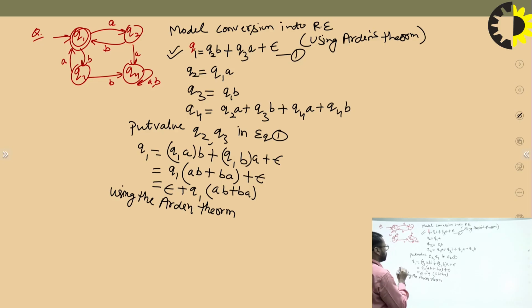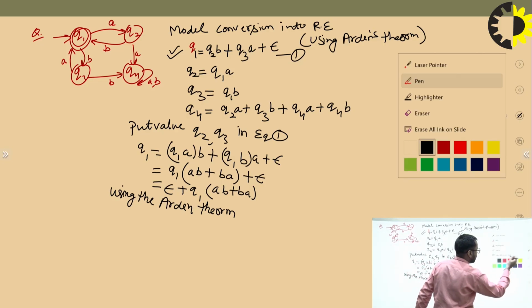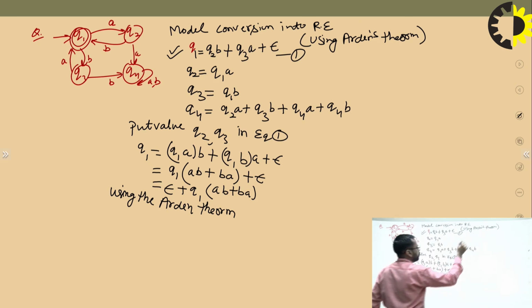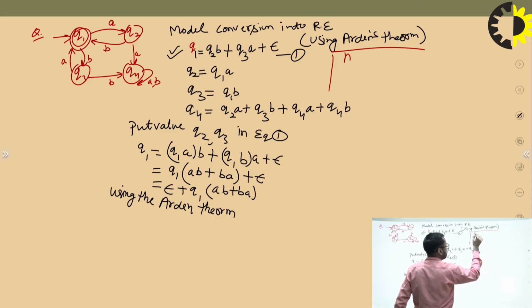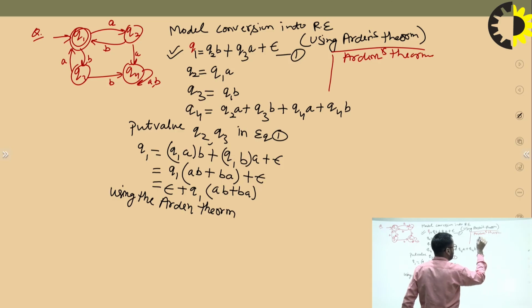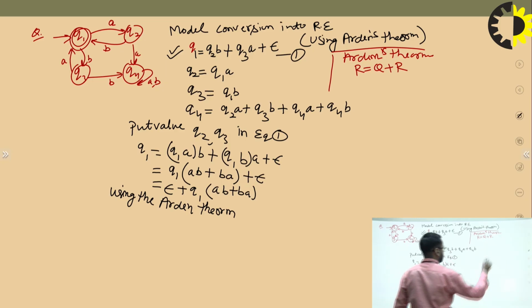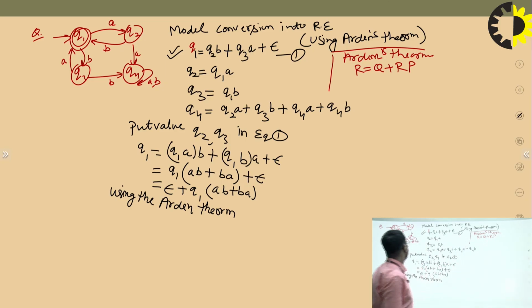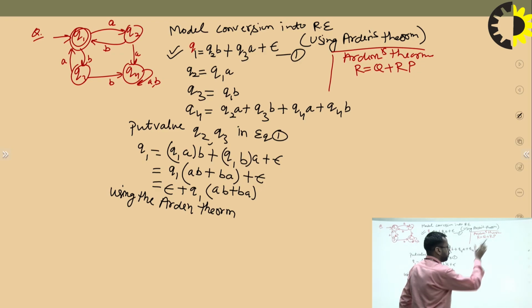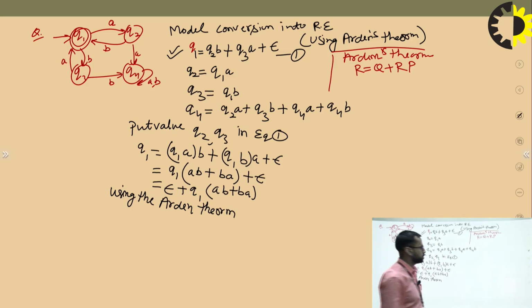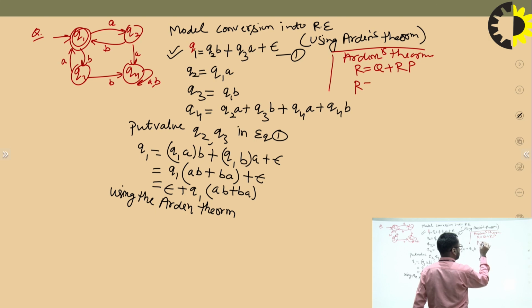What is Arden's theorem? If we write the given model as a regular expression in the form R equal to Q plus RP, where P is not null epsilon, then we can write this regular expression as R equal to QP star.